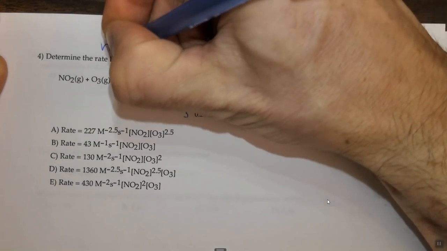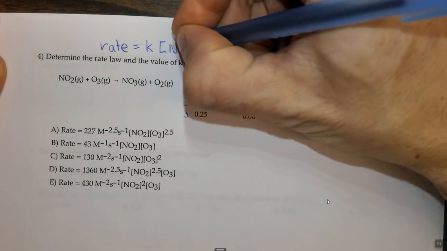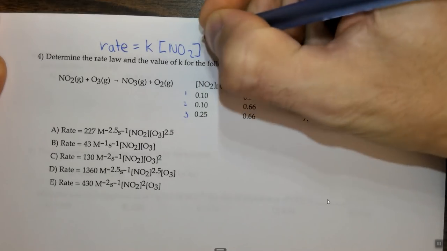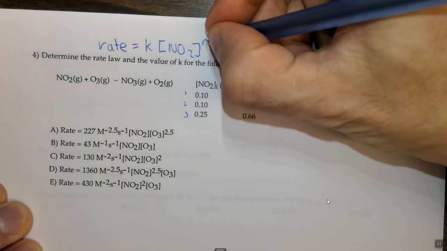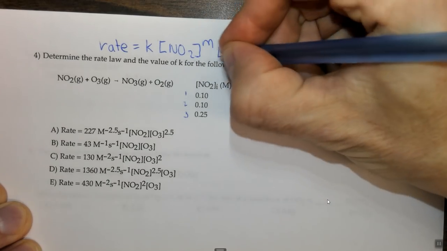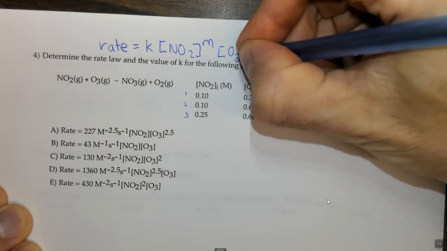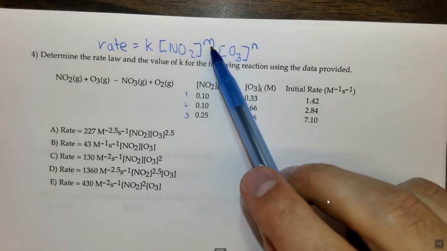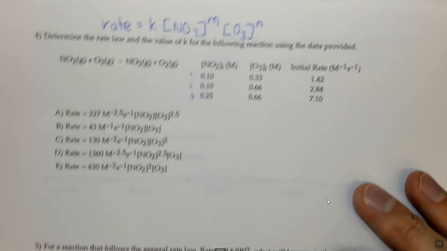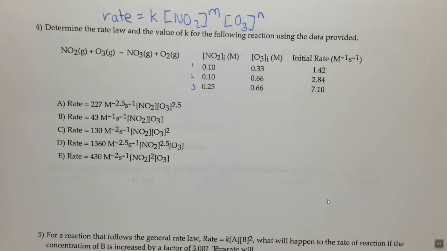The rate is going to equal K, concentration of NO2 to some M, and concentration of O3 to some N. So I don't know the order M or the order N, so I want to use the information in trials 1, 2, and 3 to figure that out.